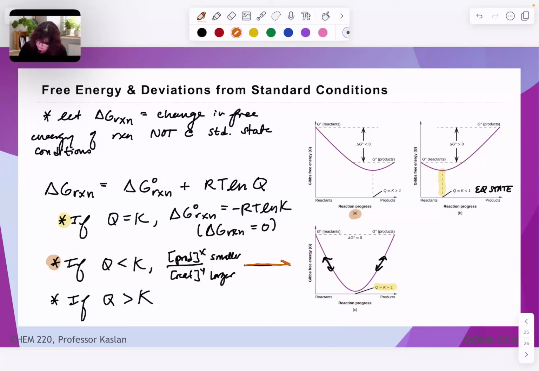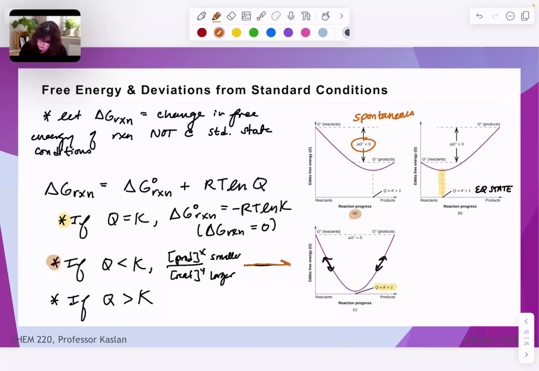So this would be spontaneous, because we are going to take some of the free energy where we're shifted off from our reactant to products and use it to back reform reactant from product.